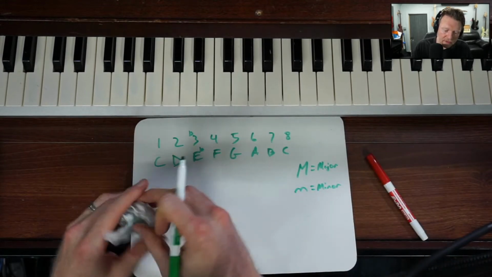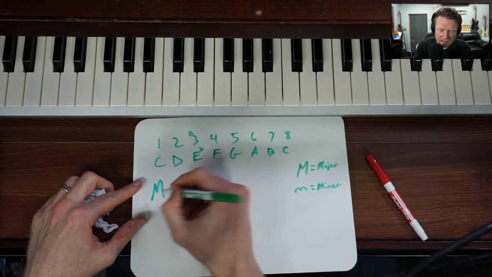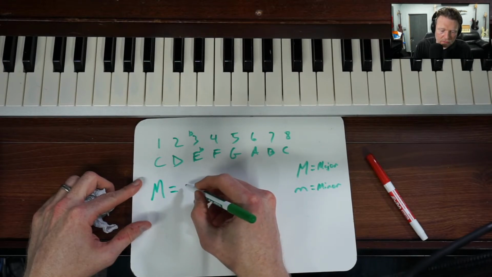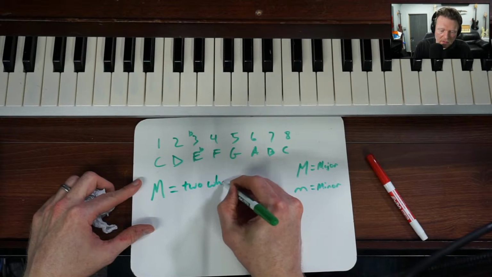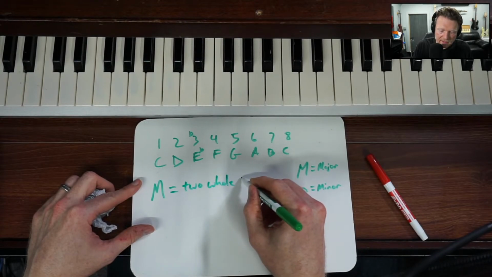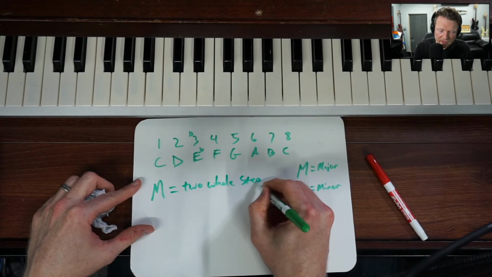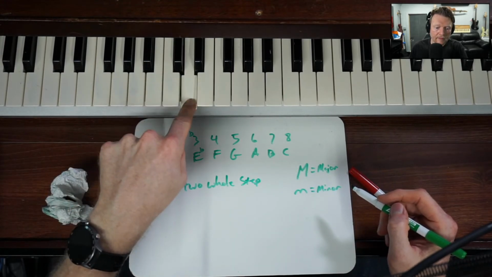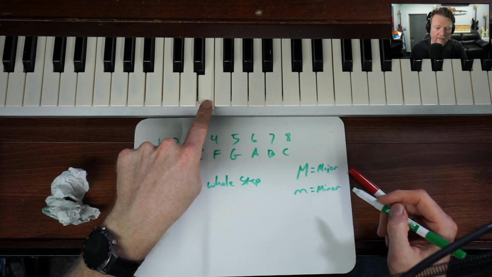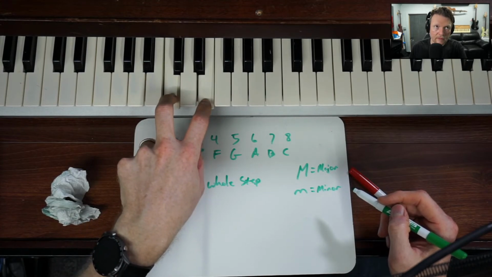A major third, so a big M, is equal to 2 whole steps. Okay, so if we have C, we go up a whole step and a whole step. That's our major third.